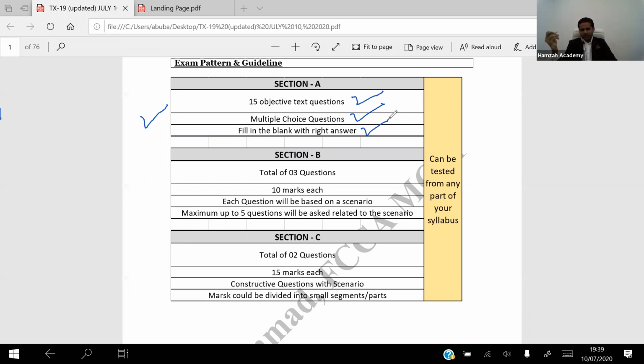Before I go ahead, it is very important that you should not neglect a single part of your syllabus. Let's say when you are compiling and learning everything and writing it down, you missed 2% or 1% of your syllabus.